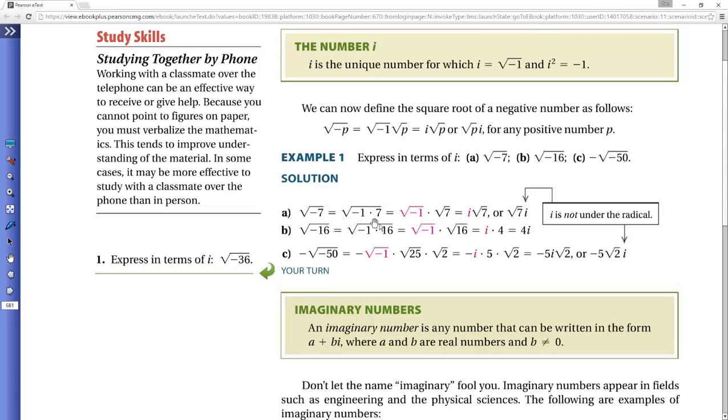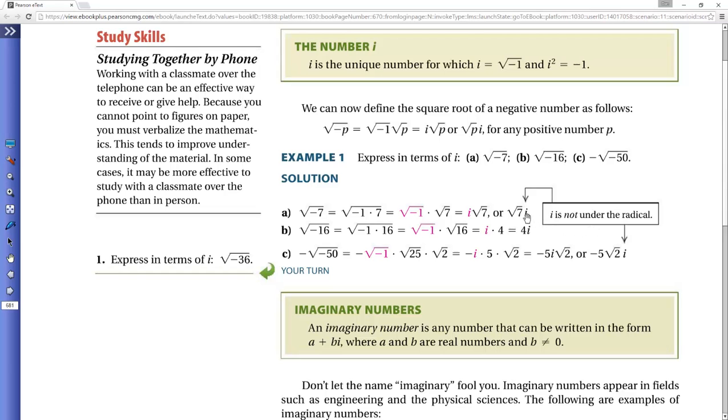Another way you can do this, and we'll use this later on too, I could say this -1 is really equal to i squared, isn't it? So this is really i squared times 7. So we can take the square root of i squared and get i. Another way to talk about that. And they show it two different ways: i times the square root of 7, or the square root of 7 times i.